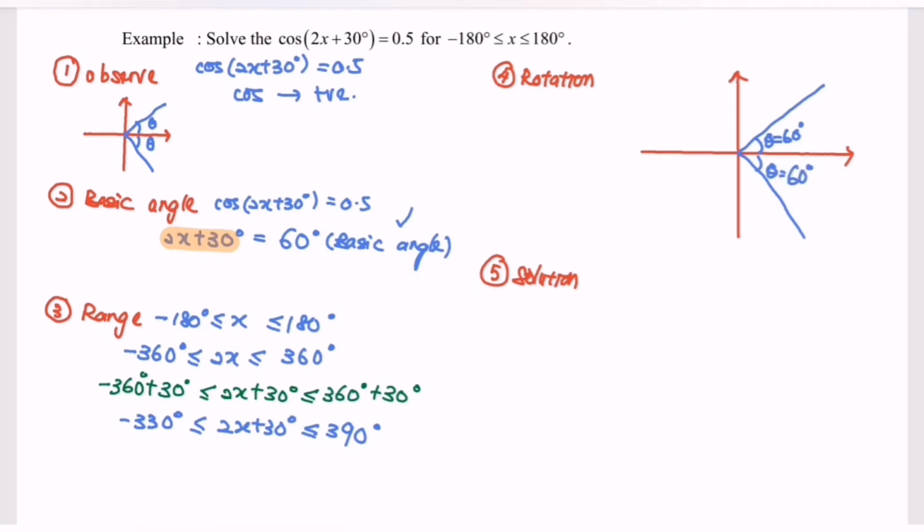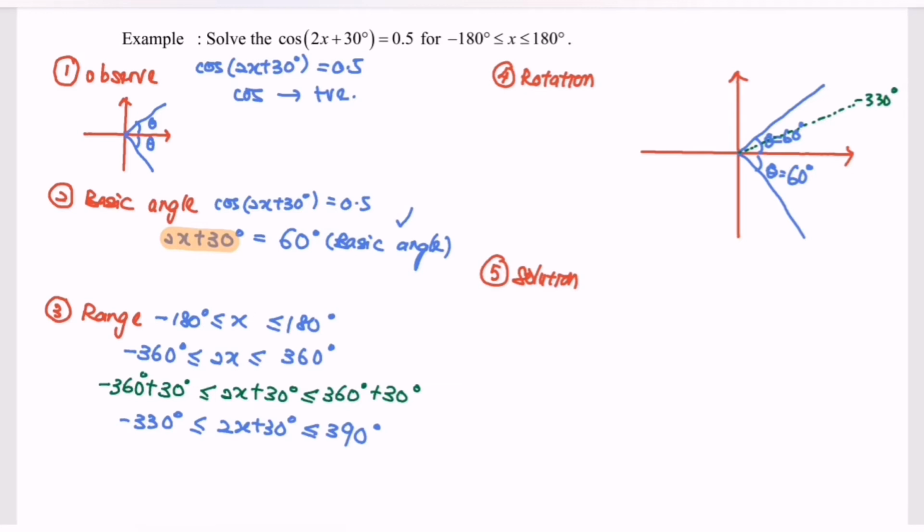Next we refer to step number 3, which is the range. Based on the range, where is the location of negative 330? Why does this one become negative 330?